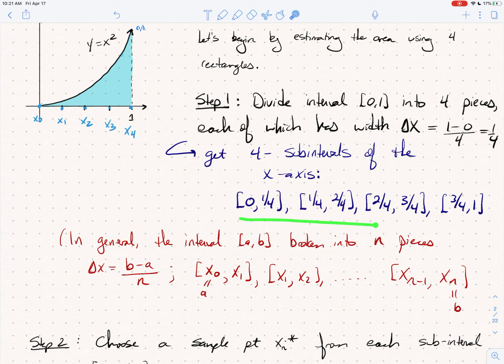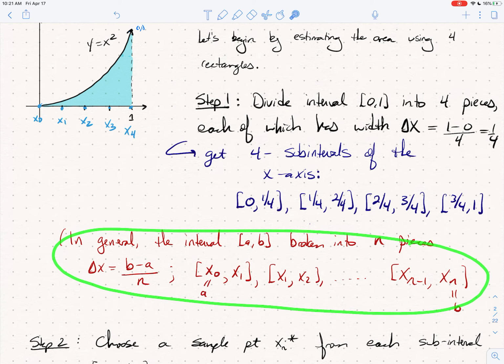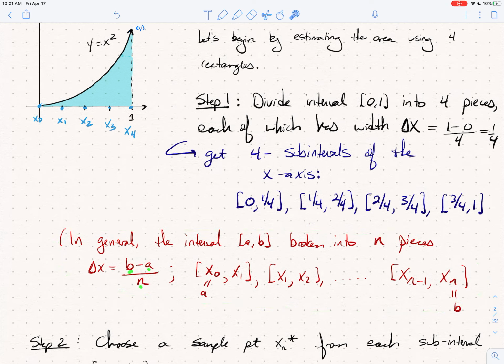Here's the hands-on version in our example: the literal x's that we get start at 0 to a quarter, quarter to 2 quarters, and so forth. But the language I need to describe it in general is b minus a over n, and then these endpoints of the subintervals, x naught to x1, x1 to x2, and so on.